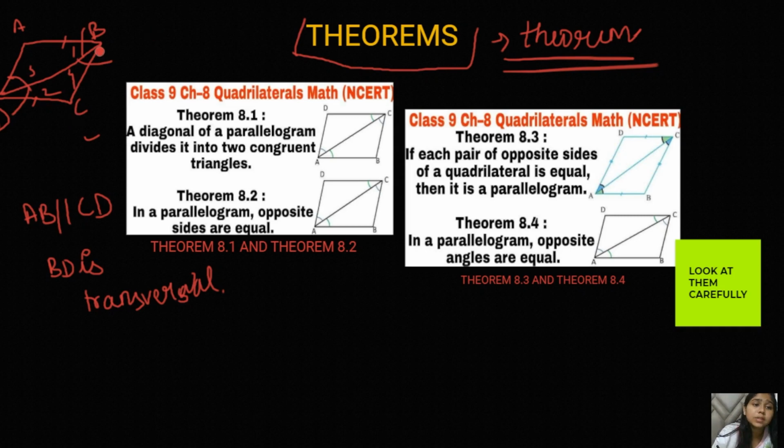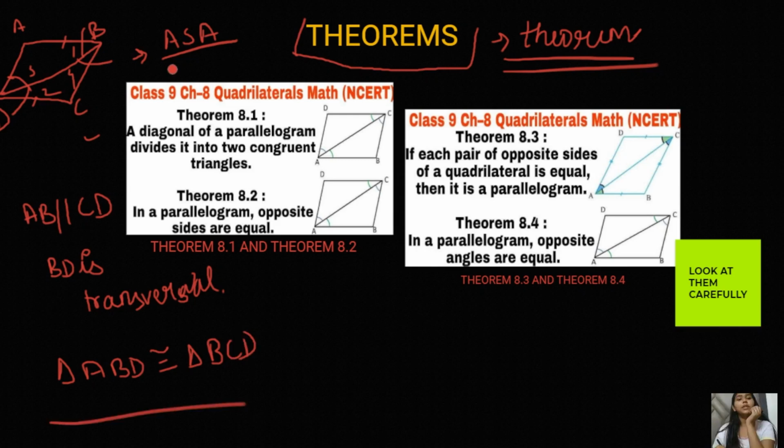Then BD is the common side, the transversal. So by ASA, triangle ABD will be congruent to triangle BCD. Am I right? So basically this is theorem 1, that a diagonal of the parallelogram divides it into two congruent triangles.